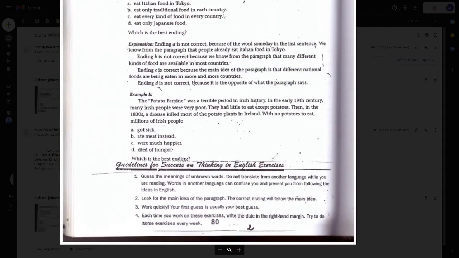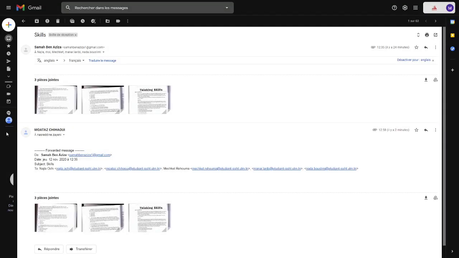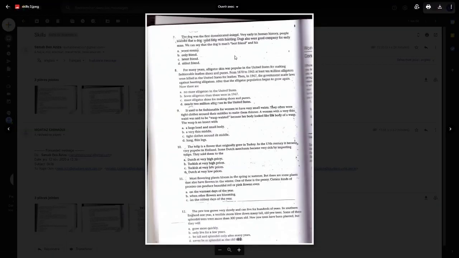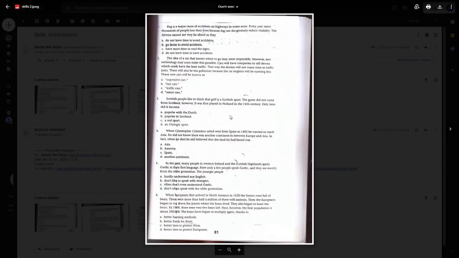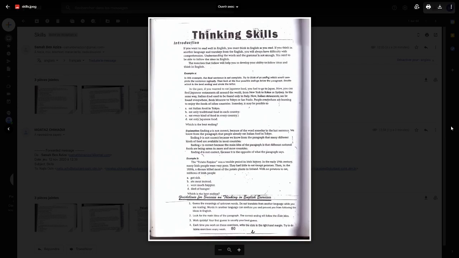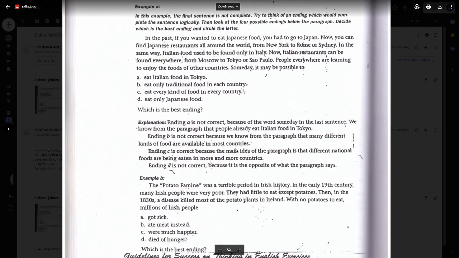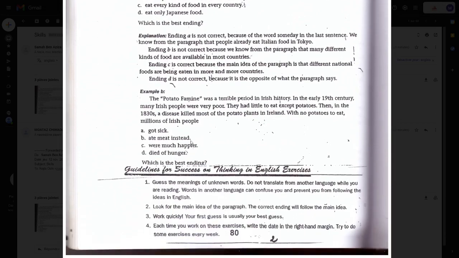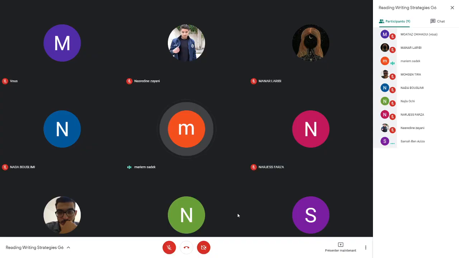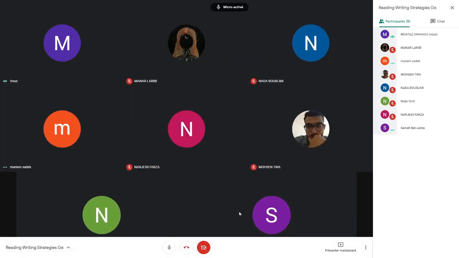Can you try to do example 1, 2, and 3? Page 81.